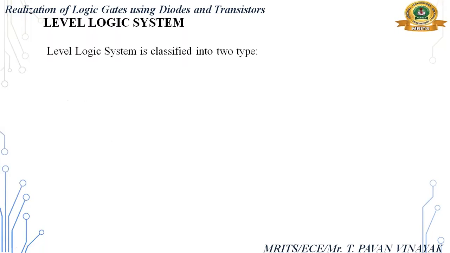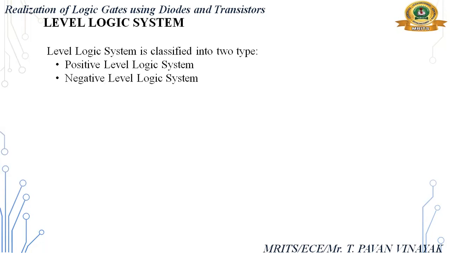Next, the level logic system. The level logic system is classified into two types: positive level and negative level. What is positive level? Positive level means high voltages represent logic 1, and low level voltages represent logic 0. So this is the positive level.